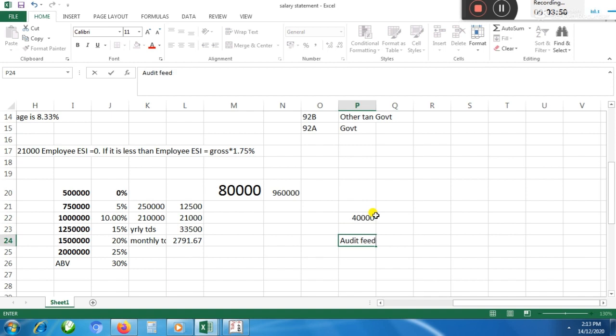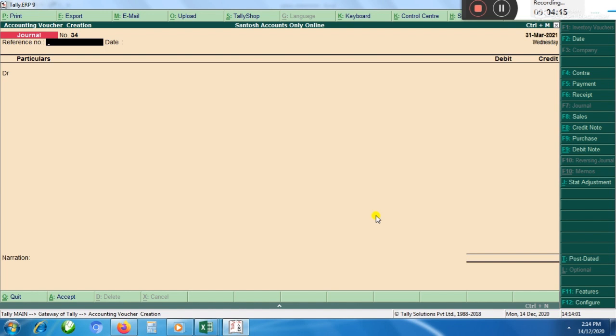Similarly, audit fee, remember, this is very important. Basically, the CA is doing the audit on 31st of March, but the bills we will be receiving from the CA after 31st of March. Suppose the CA is charging 1 lakh as an audit fee. Because this is the audit of 31st of March of the last year, but this amount we will be paying next year, this year we have to show it as an audit expense.